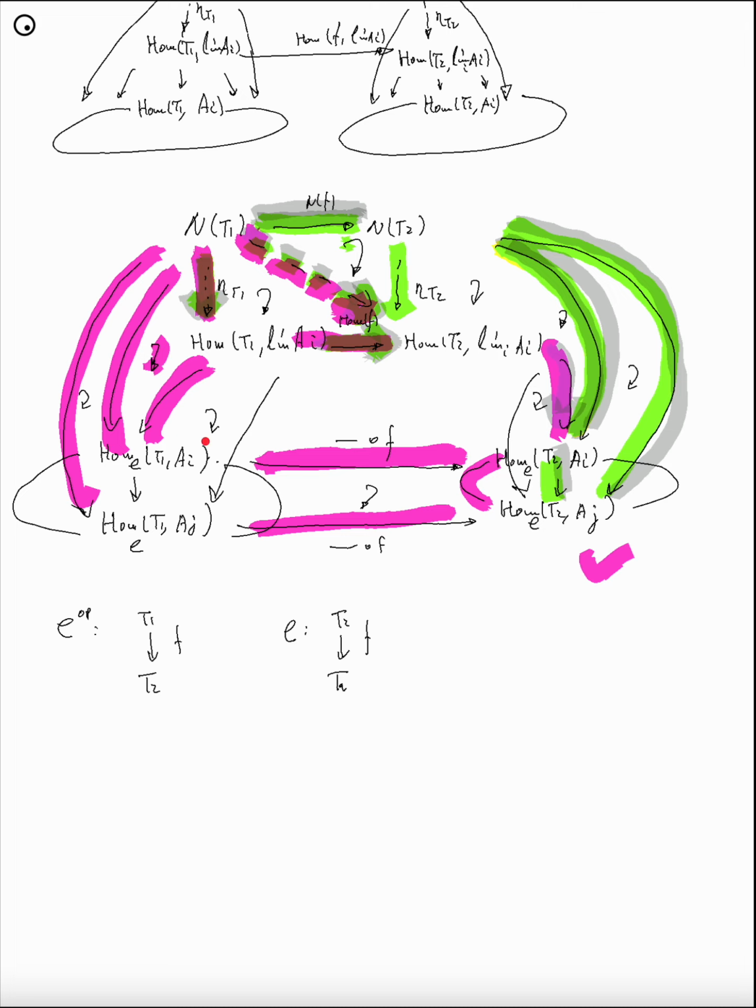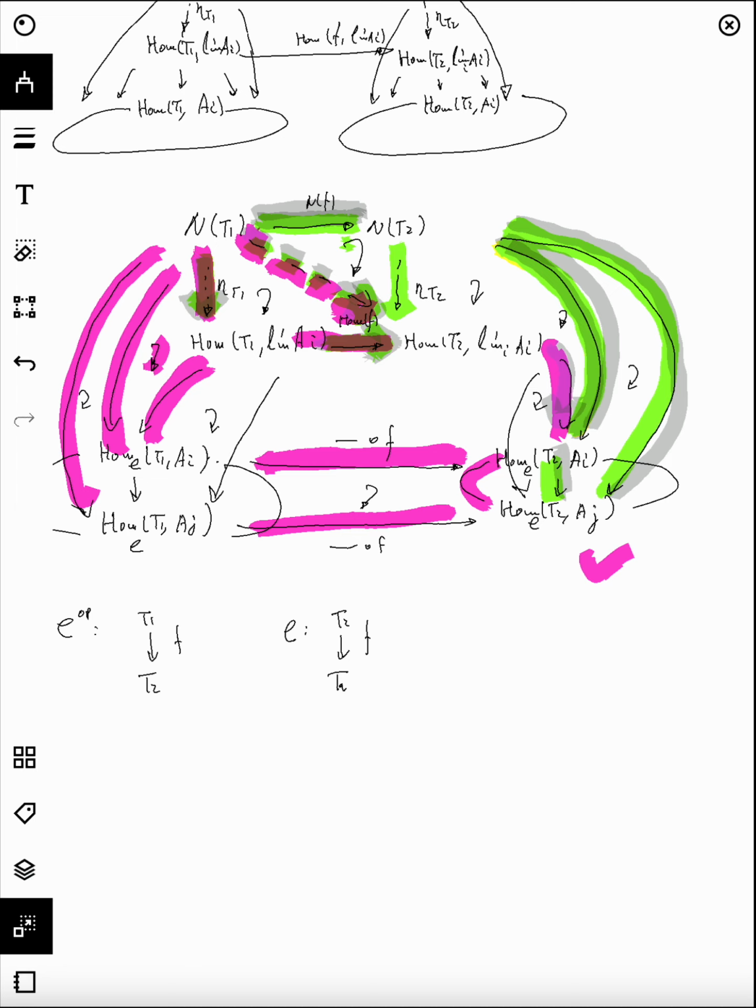This should be a commutative diagram, because n is a functor which has a natural transformation into this diagram. So in particular, when you take T1 to T2, we know this should be a commutative diagram.